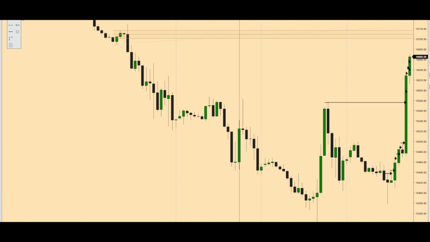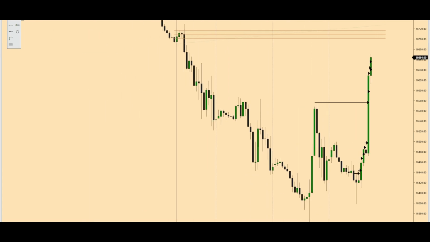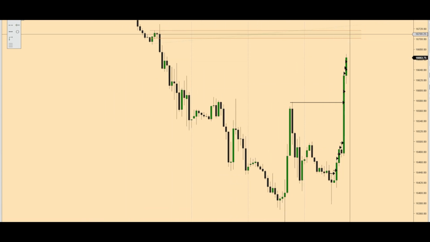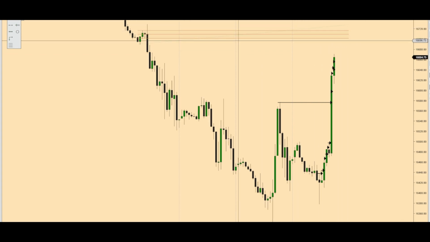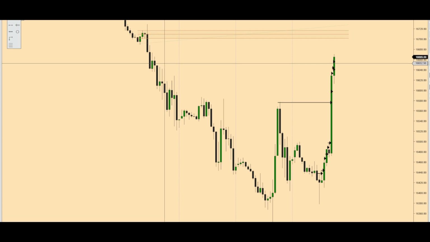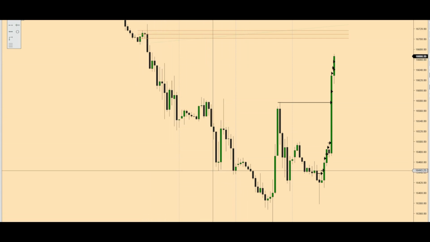Let's go to the 60-minute. We'll see what happens when we get here, if we get there. Let's see on the hourly. This is not a valid pullback.